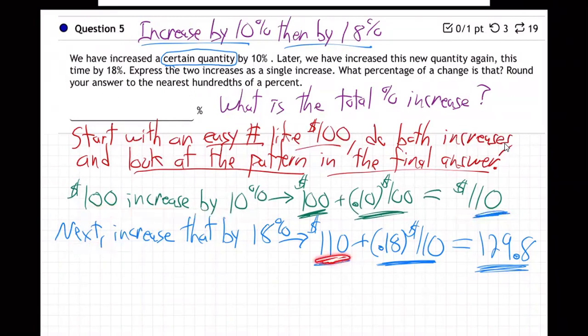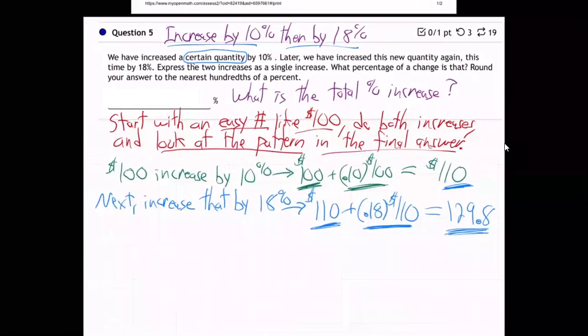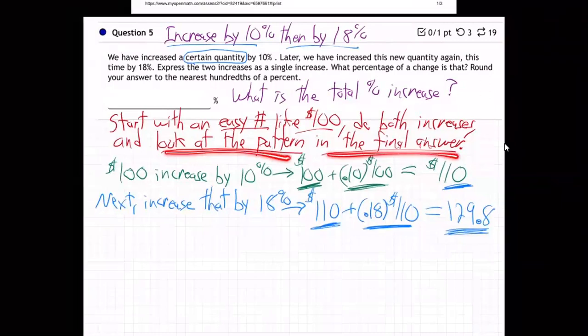So I took that $110 and I increased it by 18%. And after both increases, I've got $129.80. So now I need to look at the pattern in the final answer. Tracking with me? Look at the pattern in the final answer.